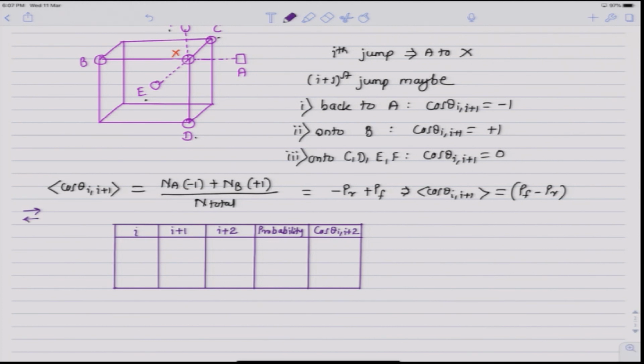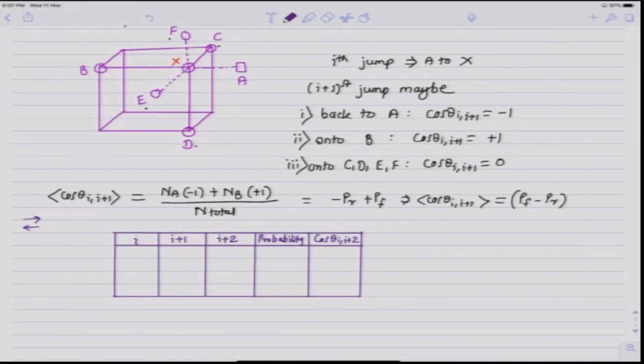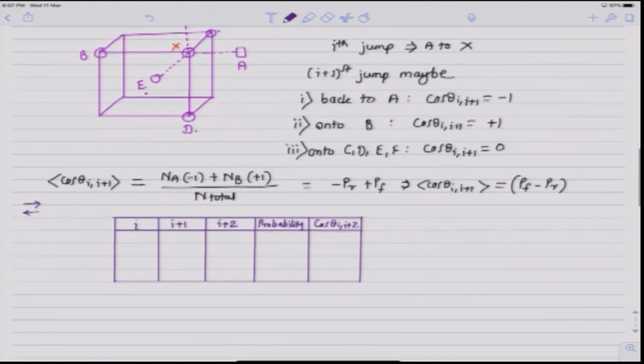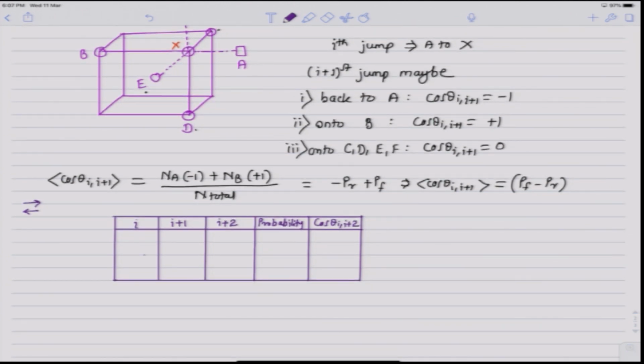Now, a left arrow may indicate a reverse jump or a forward jump depending upon the previous jump, because these are correlated jumps. So, the ith jump of atom x here was from A to x, and so let us denote the ith jump as a left arrow.